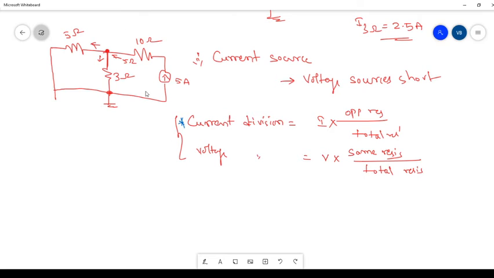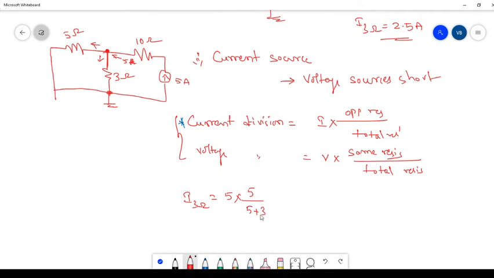Up to here the current is 5 amperes. That 5 amperes current is dividing into the 3 ohms as well as the 5 ohms. We need to calculate the current across the 3 ohms resistor. So the current across the 3 ohms resistor is equal to the total current, that is 5 amperes, into the opposite resistance of 3 ohms, which is 5 ohms, by total resistance, that is 5 ohms plus 3 ohms.